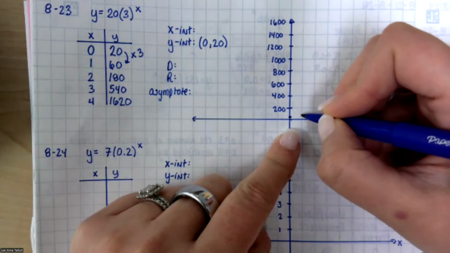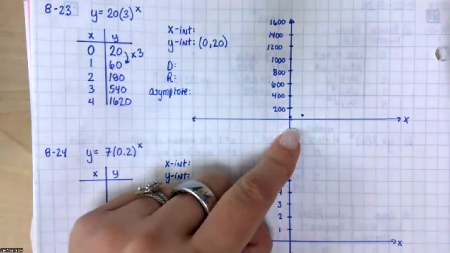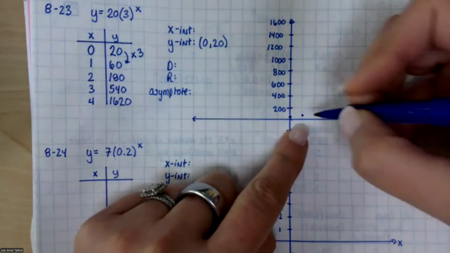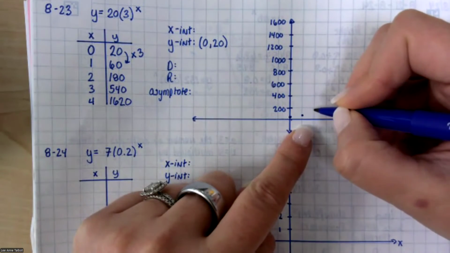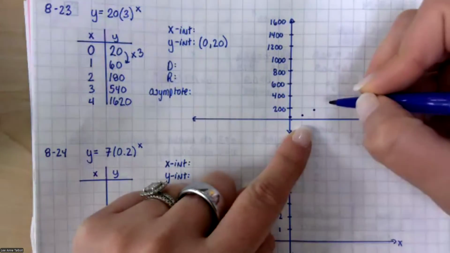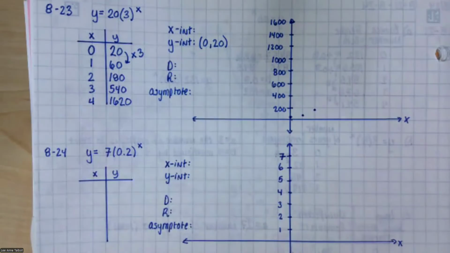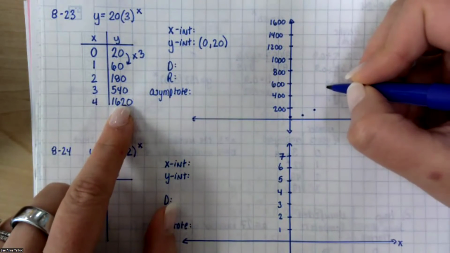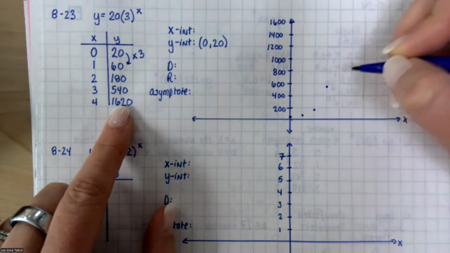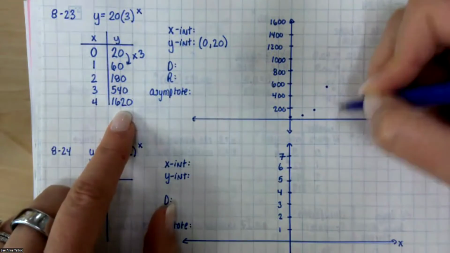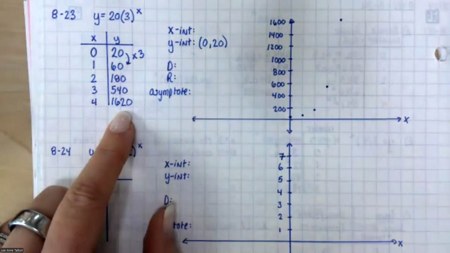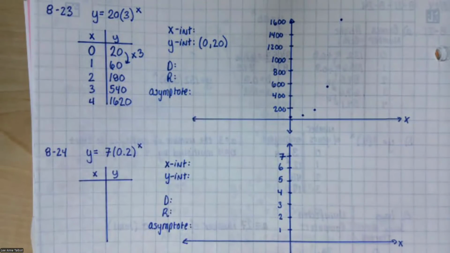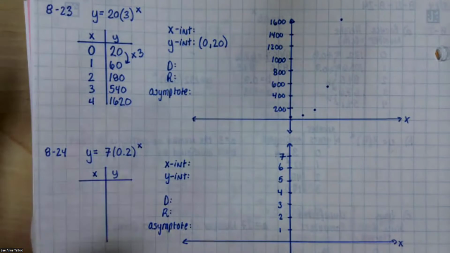So there's 100, so 60 would be just a little bit higher than 20. 180 is going to be right underneath the 200. 540 is here-ish. 1620 is here-ish. Okay, now be really careful. Remember, it's not going to touch the x-axis.